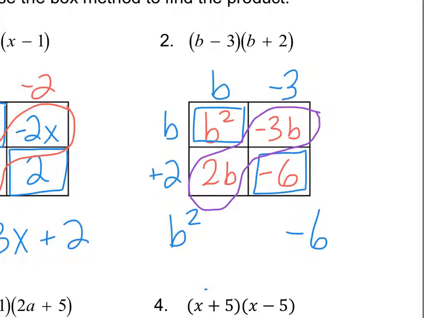And I've got positive 2b plus negative 3b. So positive 2b plus negative 3b is going to be negative 1b, or just minus b, I'm not going to write the 1, so minus b minus 6. So yeah, my 6 kind of looks like that, that's a 6. Okay, and that's my answer.